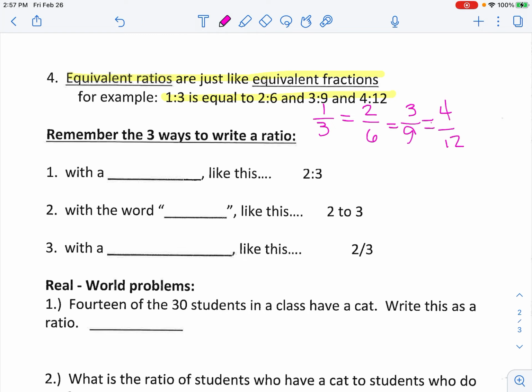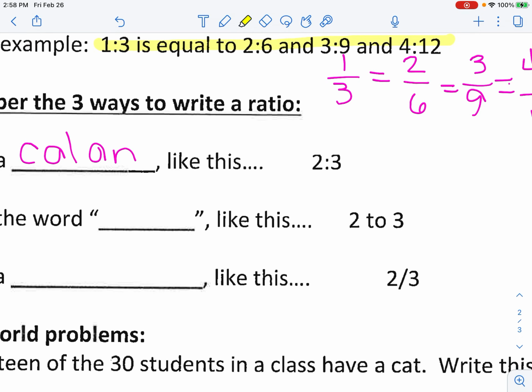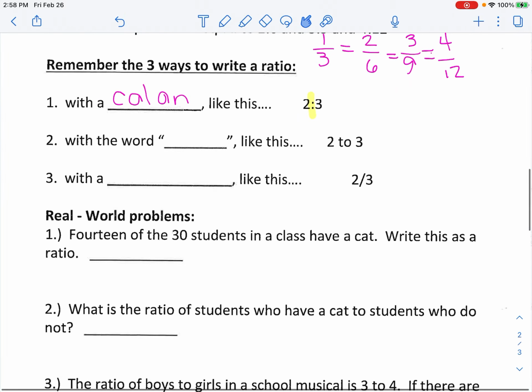All right, so remember the 3 ways to write a ratio are with a colon, and I'm going to make this a little bit bigger so I can highlight our colon. Okay, so that symbol that I just highlighted over there is your colon.